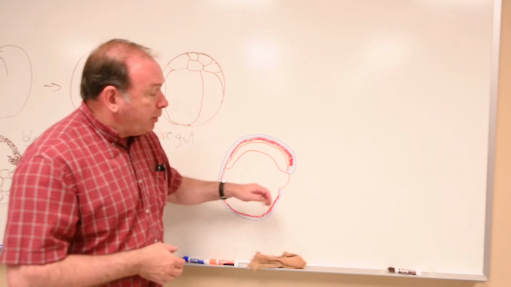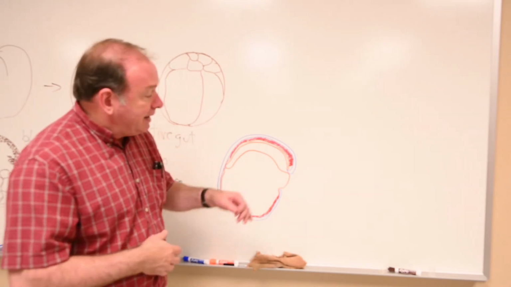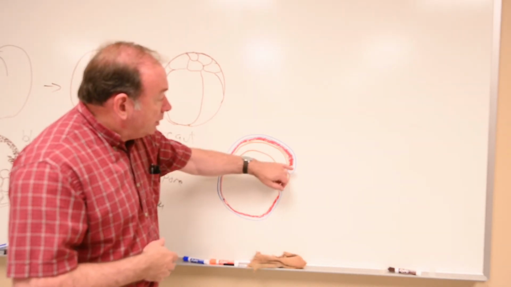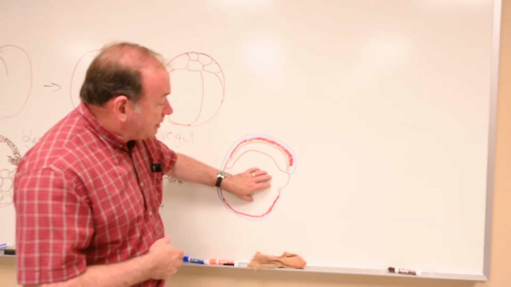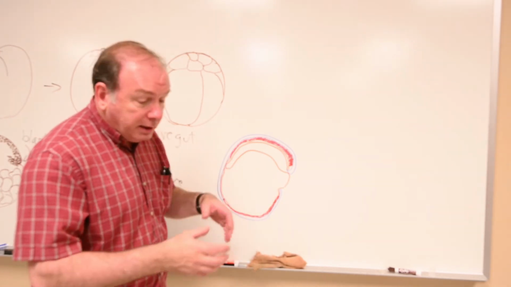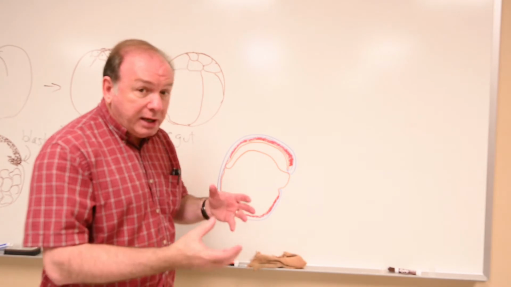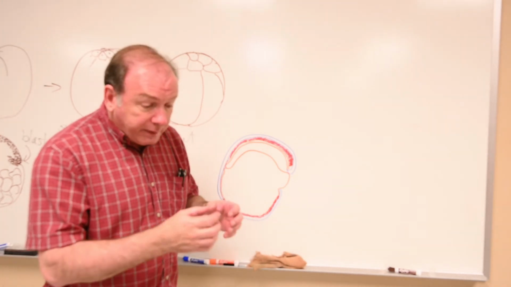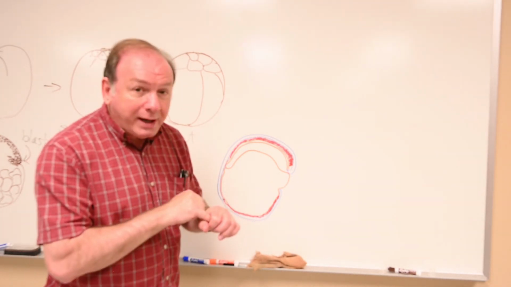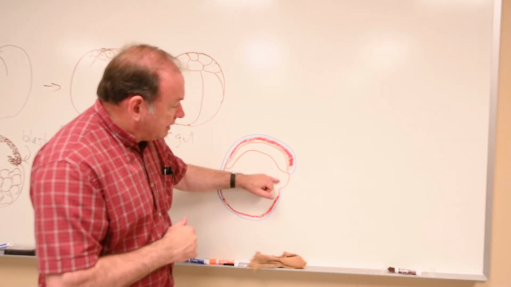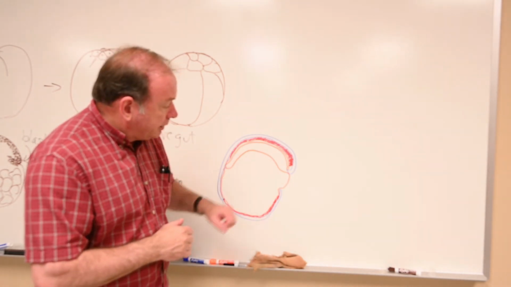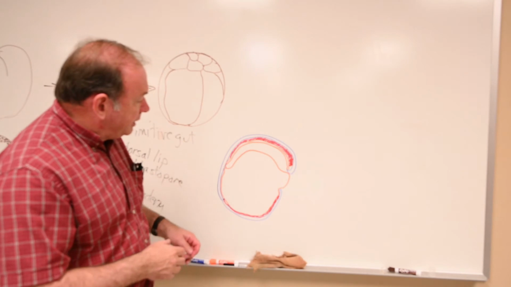And so that animal pole material, the rapidly dividing cells that forms the ectoderm, will wrap entirely around it, and the yolk portion will be white. And in the yolk plug stage, if you find a bunch of frog eggs, they'll all be this dark color with a little white dot on each of the eggs, and that's where that yolked endoderm is still showing up. It hasn't folded in yet.